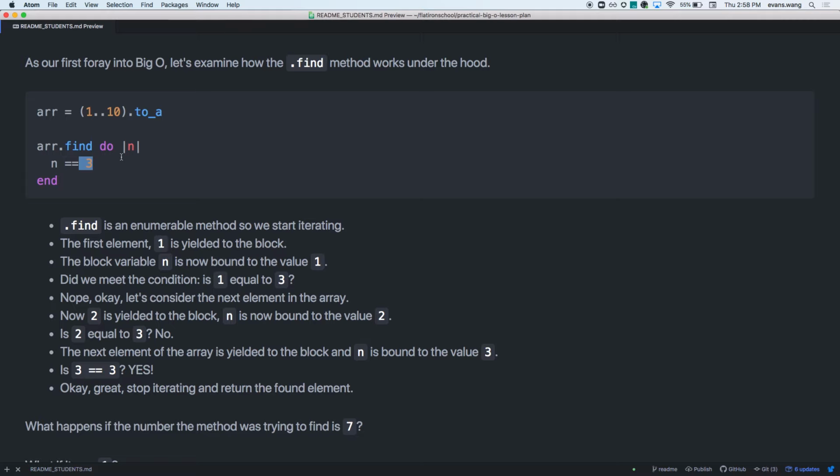So every single time you're doing an iterator, any iterator would have a sort of speed efficiency of how big the array is. It's completely based on how many numbers are in the array. So in this dot find, right, n right here is going to be 1, 2, 3, 4, 5, 6, 7, 8, all the way until it's 10.